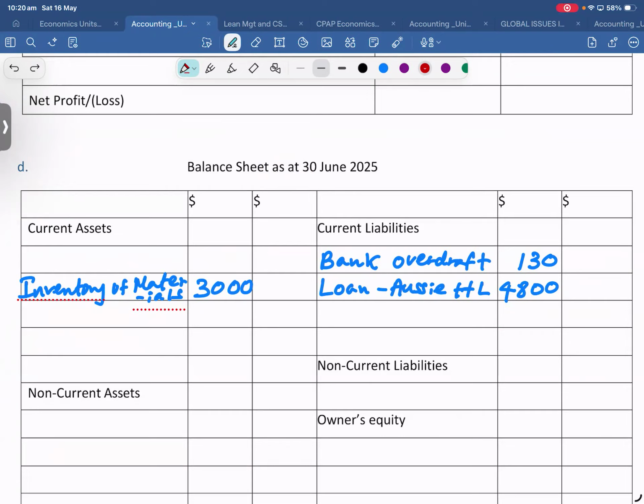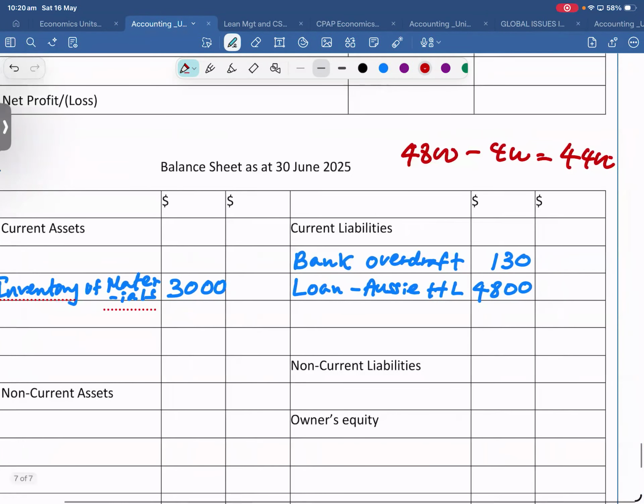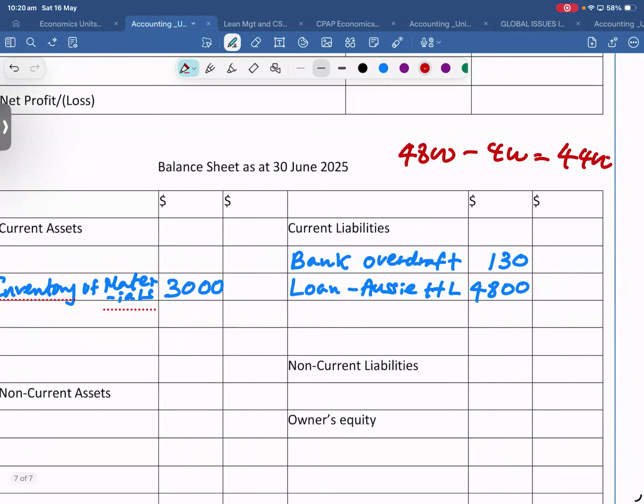Otherwise, you can ask me: we paid 400 from this 4,800, why don't we record 4,400? Why can't we report 4,400? Because it is always 400 per month. 400 times 12 is 4,800, meaning 4,800 a year, always in a time period of 12 months.